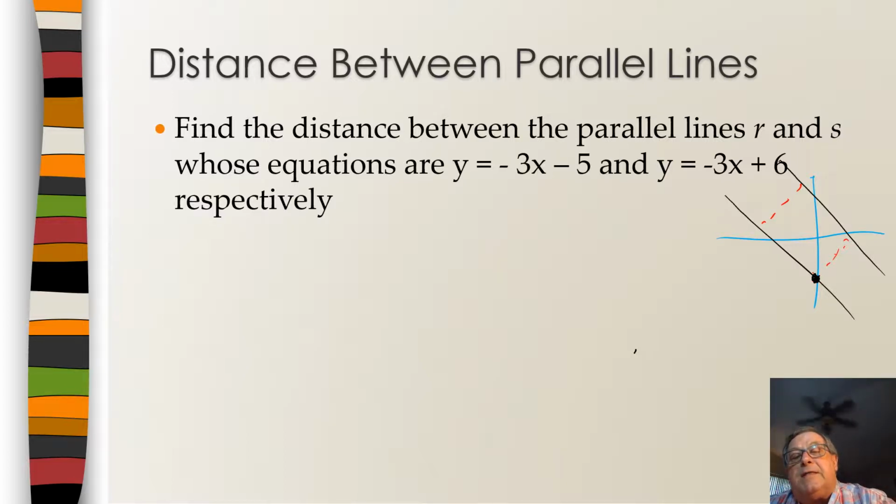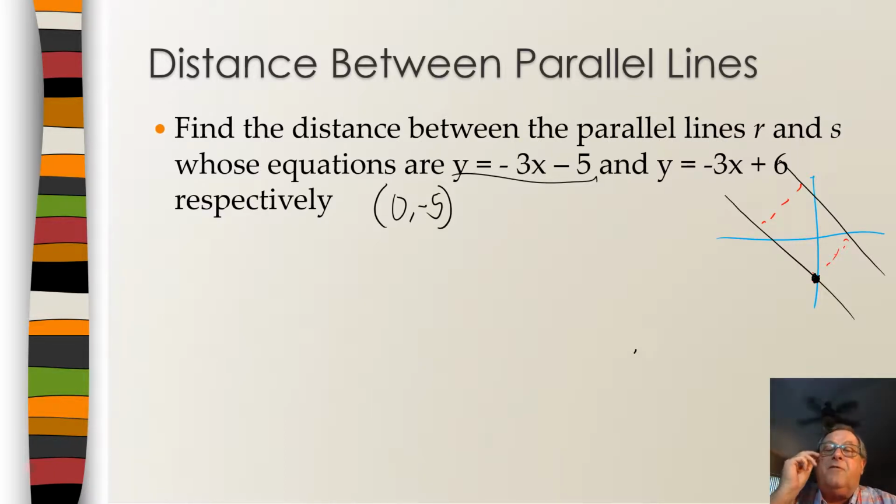And so if x is equal to 0 in this equation right here, that y-intercept is negative 5. And so I can then assume that my perpendicular line, let's call it P, has one endpoint where x is 0 and y is negative 5.